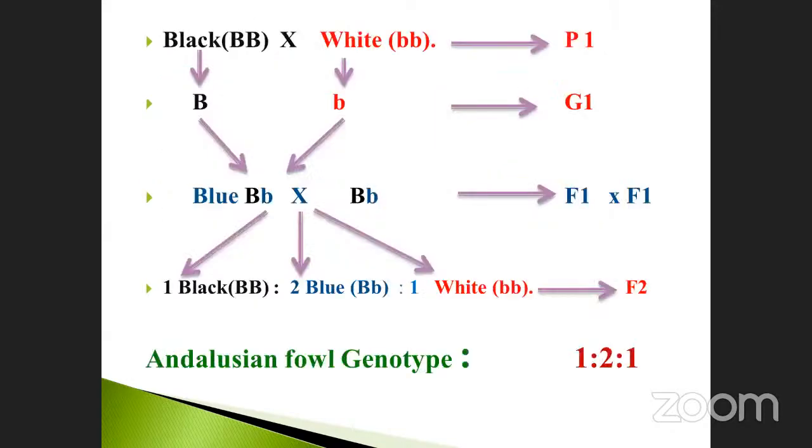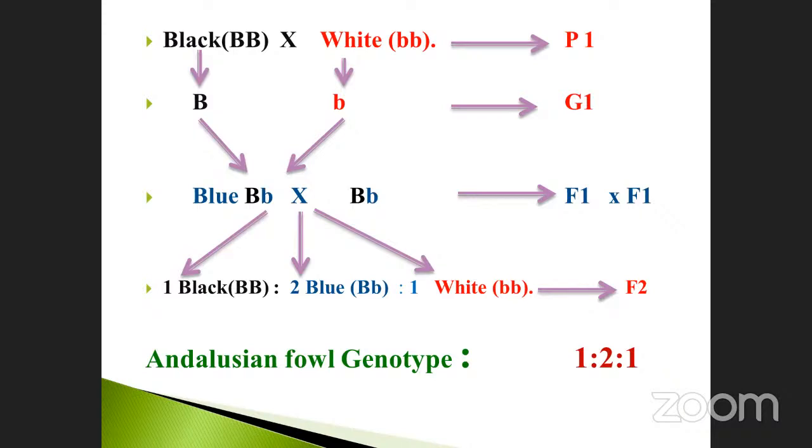See here, this is the black, denoted as capital B, and also white, small b. It is the parent. So the corresponding gametes will be produced. Here one gamete is small b, and for the black there is capital B. As a result, you get the F1 generation.